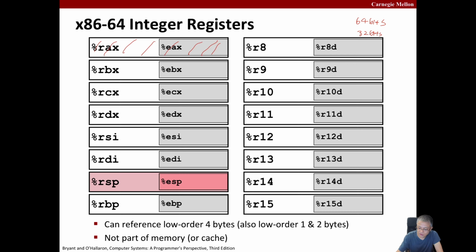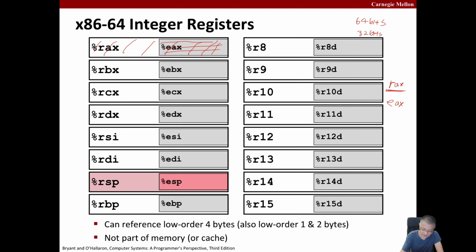So if you say RAX, you access this whole register. If you reference it with EAX, you access the lower 32 bits of the RAX register. Okay, so this is similar for other registers.